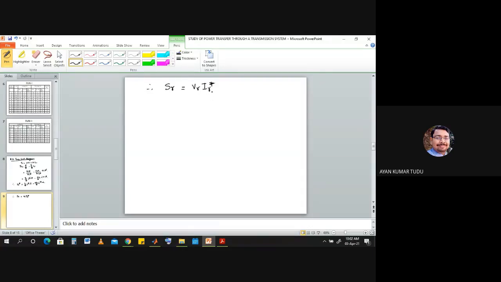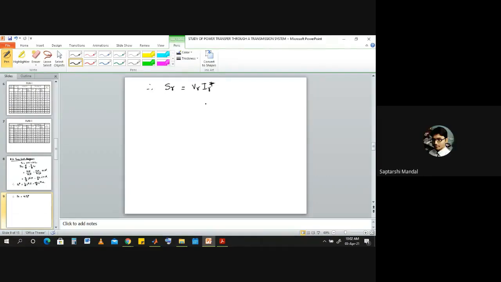This is a very common question. Why are we writing this? What is SR? Sir, complex power. Complex power, yes, equal to VR into IR. Why are we taking IR conjugate then? When you take IR conjugate, we get the power angle.